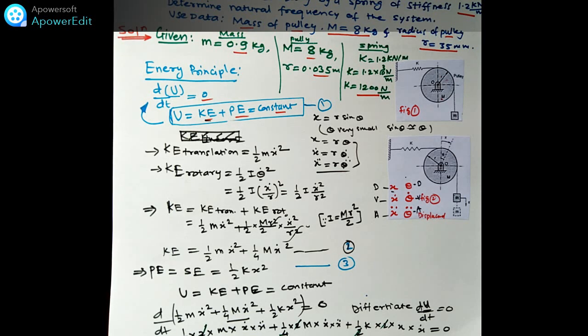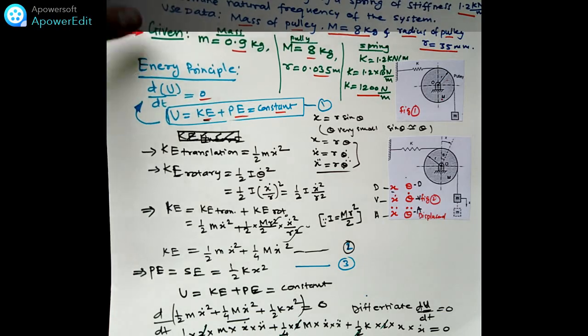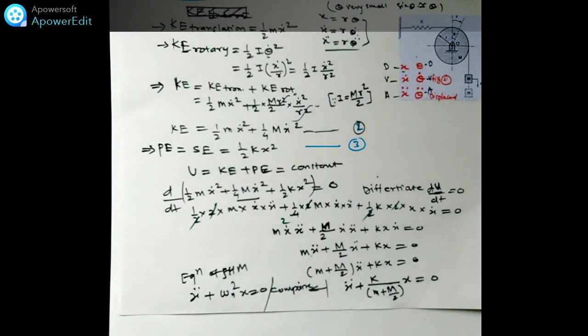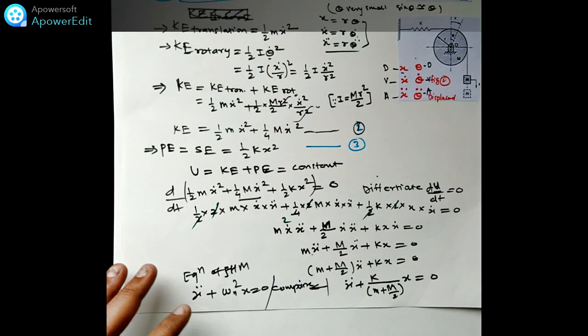Just compare this equation with the equation of SHM, which is x double dot plus omega n square x equal to 0. Comparing, omega n square becomes, and the value we can write here.